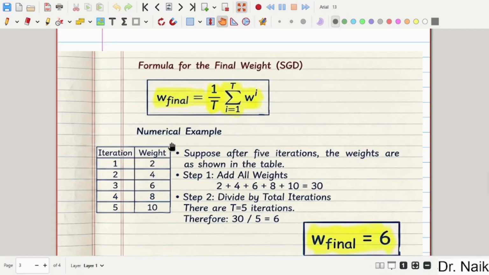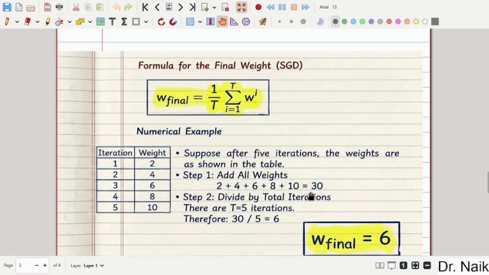Let's see an example. Suppose we have 5 iterations and the weights are: for iteration 1 the weight is 2, for iteration 2 the weight is 4, iteration 3 the weight is 6, iteration 4 the weight is 8, and for iteration 5 the weight is 10. So add all the weights, that is 2 plus 4 plus 6 plus 8 plus 10.